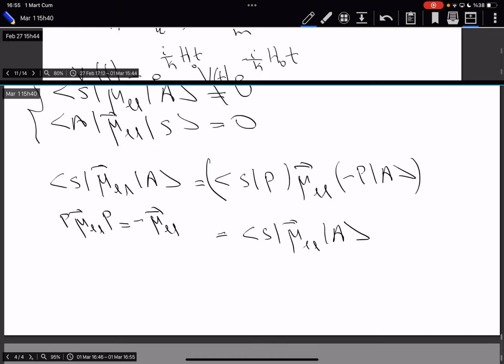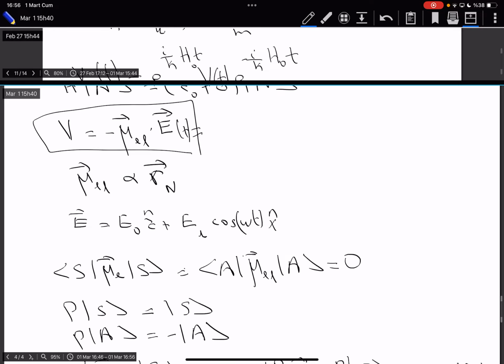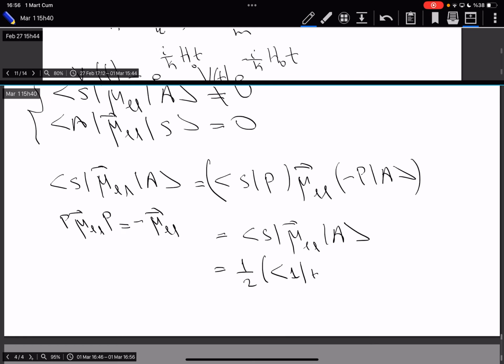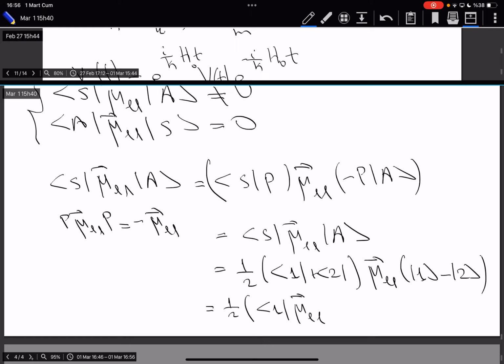And in fact, if you write them out, this is 1 over 2, 1, which notation did I use? Yes, 1, 2. 1 plus 2, 1 minus 2, 1 minus 2, yes.